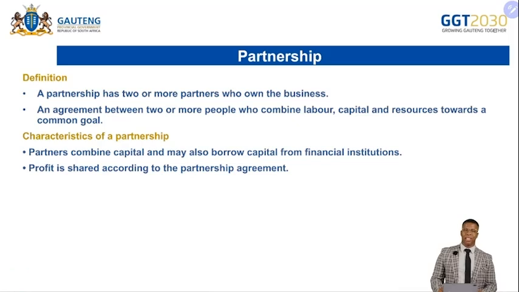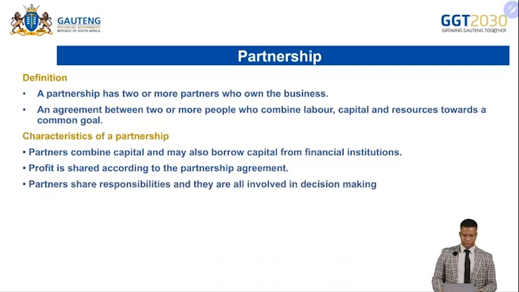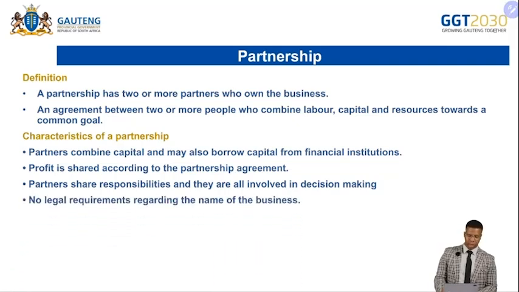Furthermore, profit is shared according to the partnership agreement to say how they are going to share the profit. And then another issue is that partners share the responsibility and they are all involved in the decision-making process. Another characteristic is that no legal requirements are required when it comes to the name of the partnership.